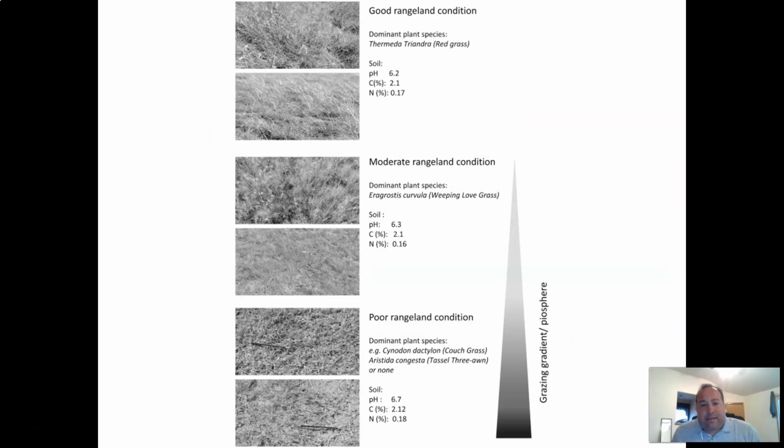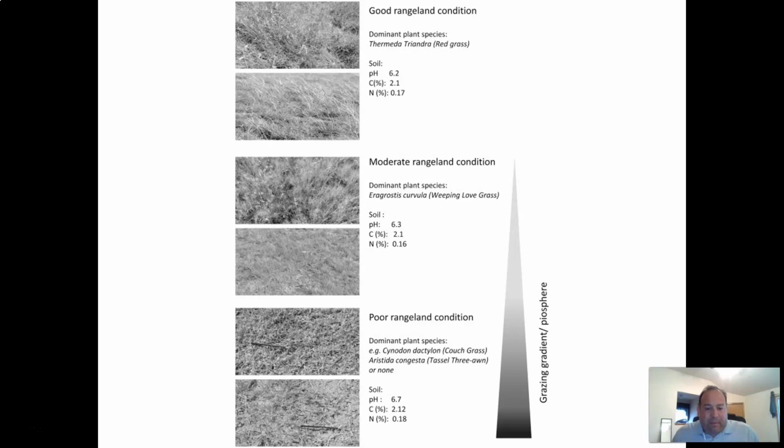And so I put this graphic in here to tie a few of these ideas together that we've talked about in terms of soil and rangelands. What does good rangeland look like, what does moderate rangeland look like, and what does poor rangeland look like? I know it's in black and white, but you can see the amount of grass in the good and the moderate.